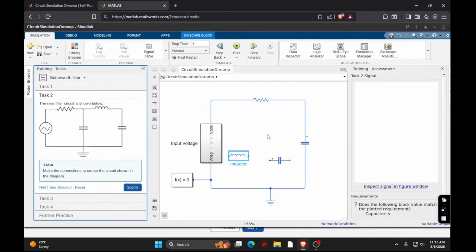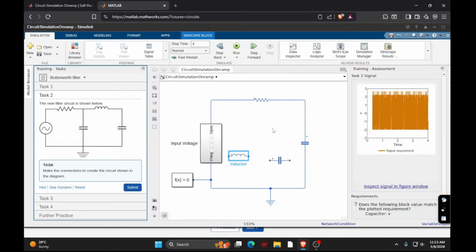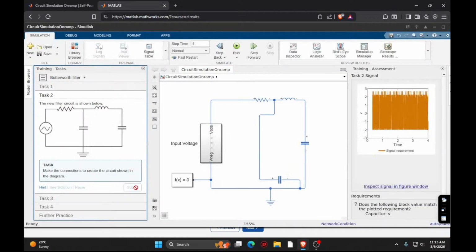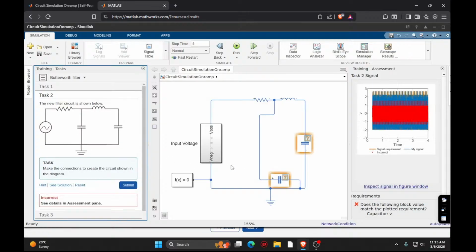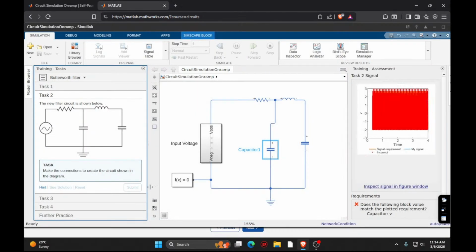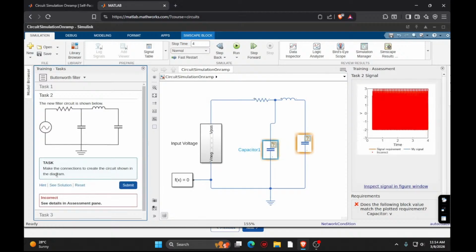The new filter circuit is shown below. That's the inductor. Perfectly.